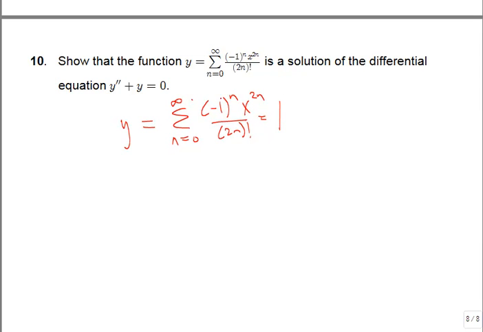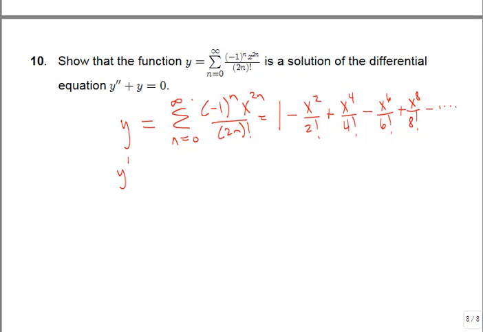When n is 1, this is odd, so we'll have a negative, and then we'll get minus an x squared over 2 factorial. When n is 2, this will be even, so we're positive, and we'll get an x to the 4th over 4 factorial. When n is 3, we'll get minus x to the 6th over 6 factorial plus x to the 8th over 8 factorial, etc.